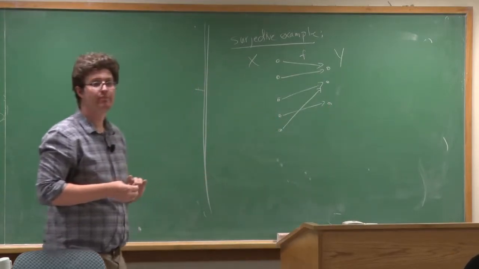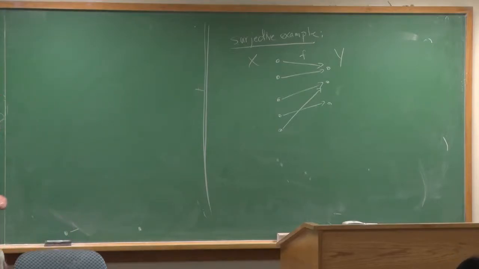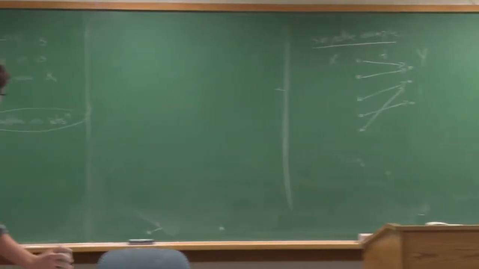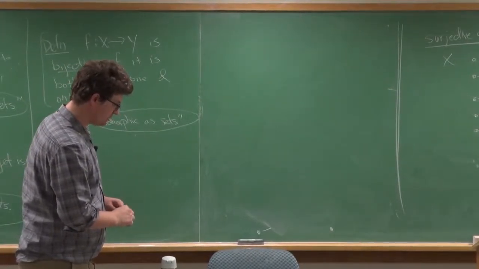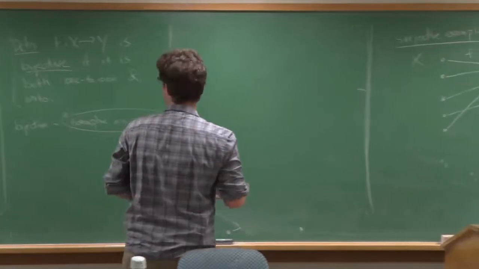So the previous example, the one where we were talking about A, B, C, D, E to 1, 2, 3, 4, and 4 wasn't hit. Would that be an example of something that's neither? Yeah.